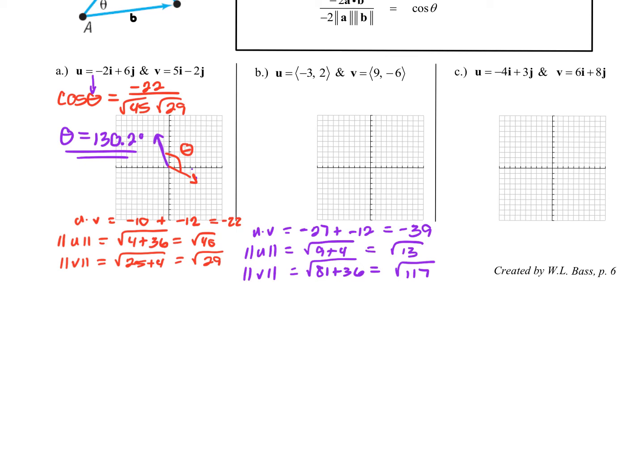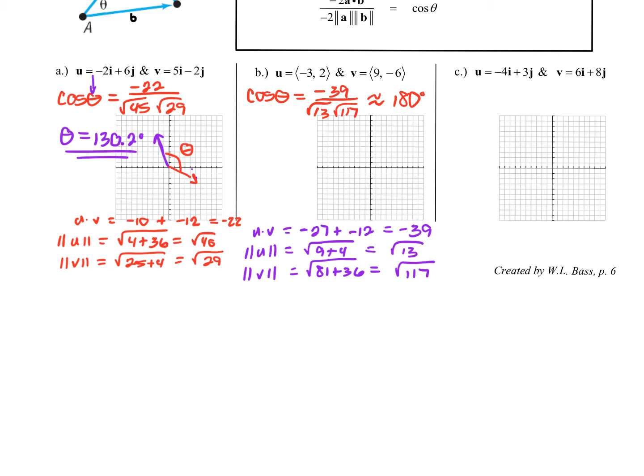Now, to find our angle, we're going to do cosine of theta equals negative 39 over the square root of 13 and the square root of 117. When we type this into our calculator, it's going to give us an answer of 180 degrees.